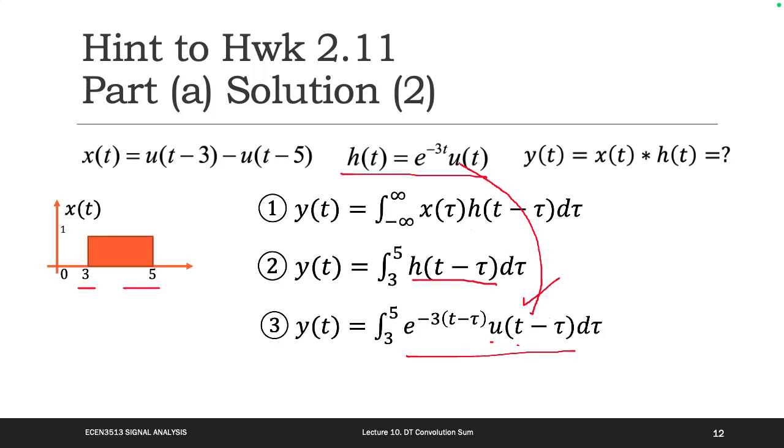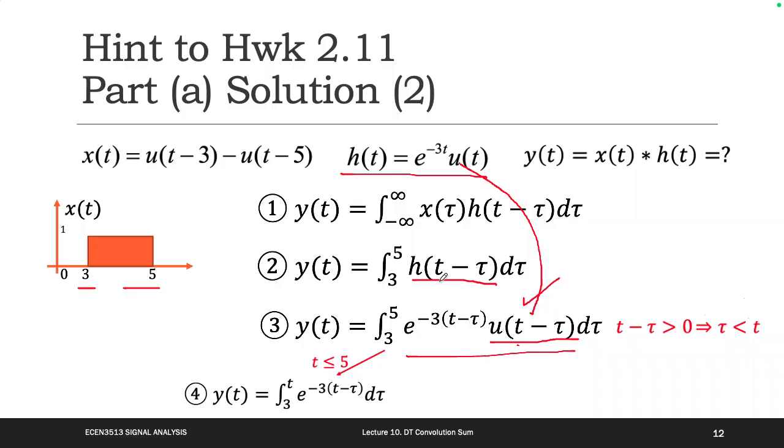Here, let's talk about this part. If we want to remove this part, we need t minus tau greater than 0, am I right? So tau should be smaller than t, which means we have two different boundaries. One is t, the other is 5, am I right? If t is smaller than or equal to 5, then our upper boundary is t.